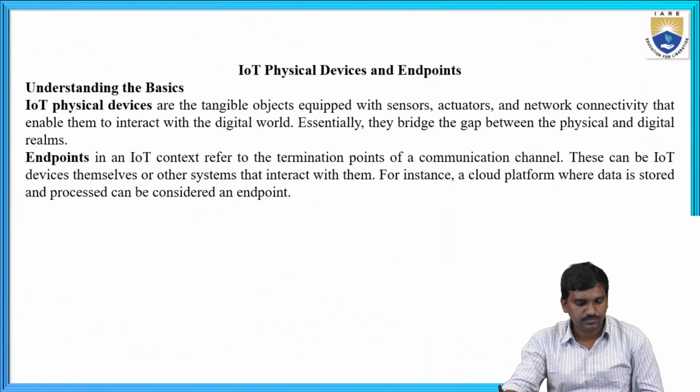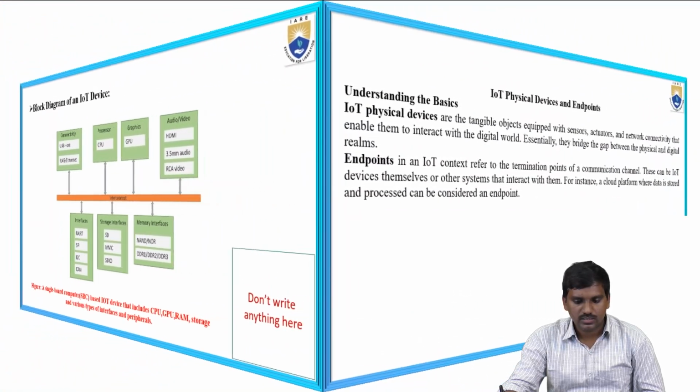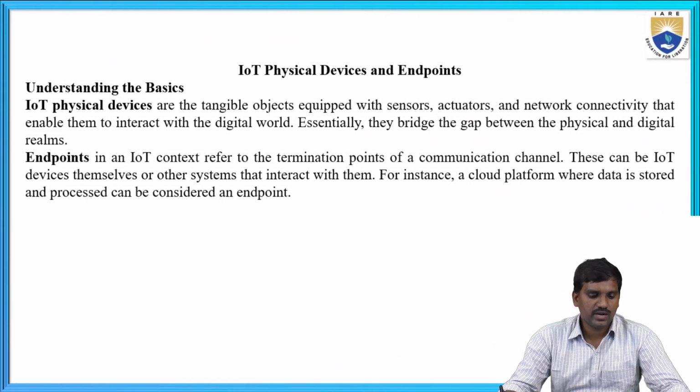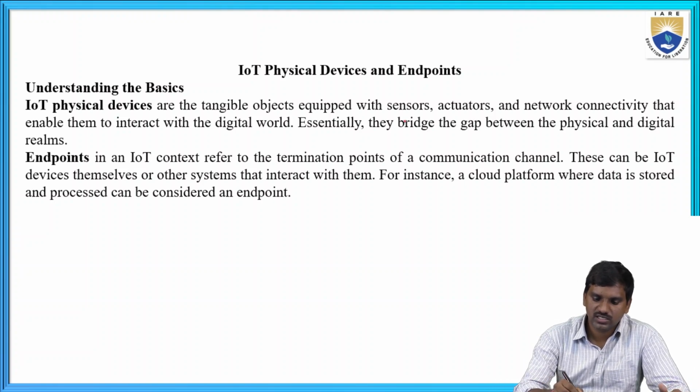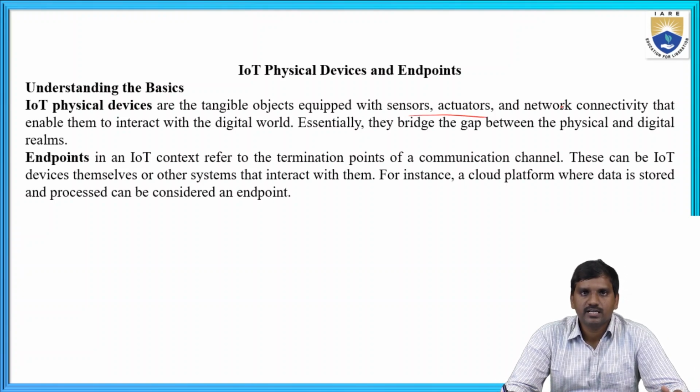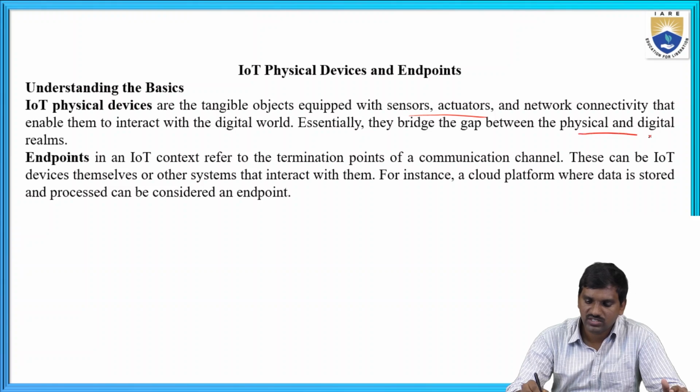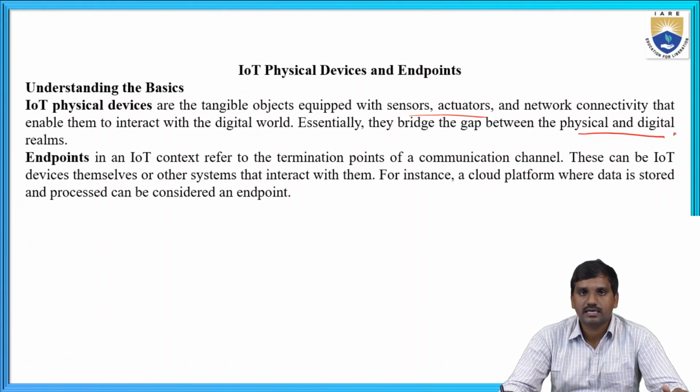Next one, IoT physical devices and endpoints. The basic understanding here, we already know IoT physical devices are tangible objects equipped with sensors, actuators, and network connectivity that enable them to interact with the digital world. Essentially, they bridge the gap between the physical and digital realms.